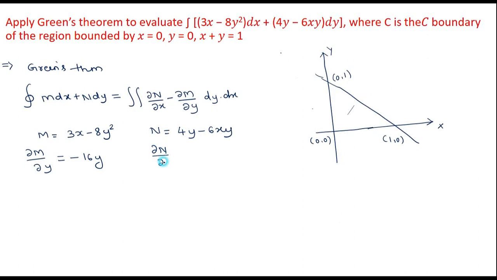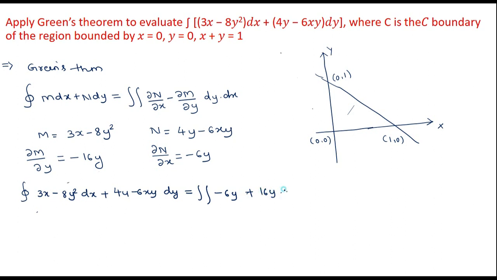And dou N by dou x: the derivative of 4y with respect to x is 0, and that of minus 6xy is minus 6y. So the integral of (3x minus 8y square) dx plus (4y minus 6xy) dy is equivalent to the double integral of (dou N by dou x, which is minus 6y, and dou M by dou y, which is minus 16y), so minus 6y plus 16y, that becomes 10y dy dx. Now we have to evaluate this integral over this region.